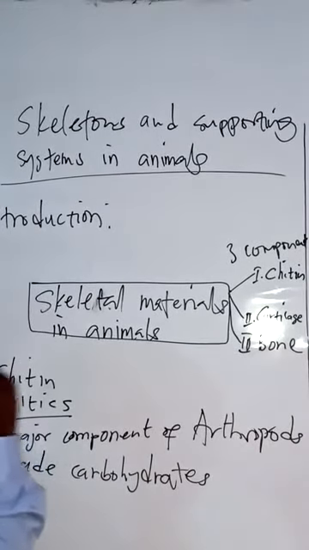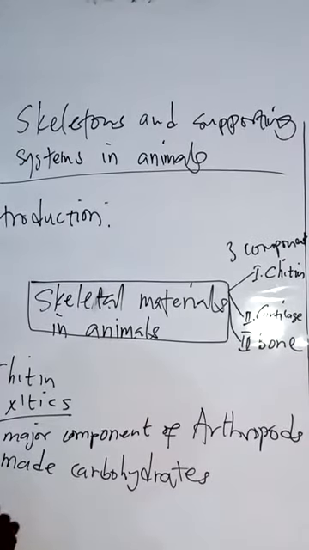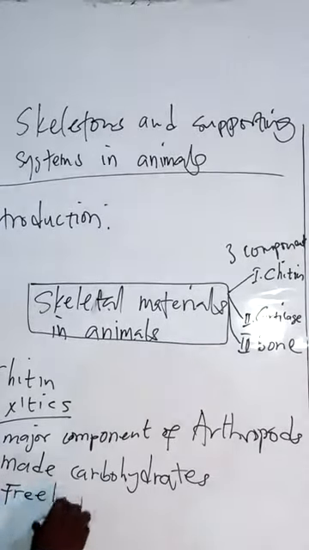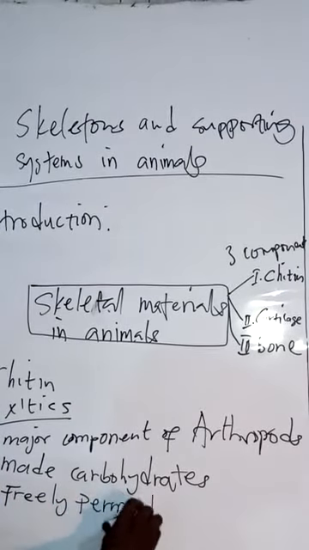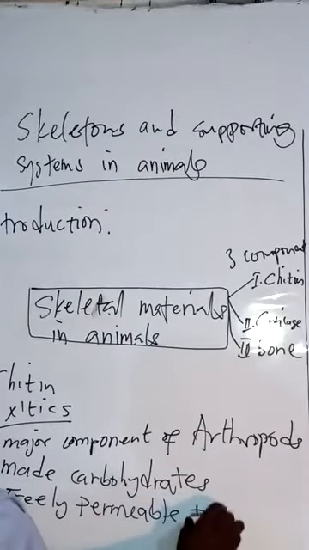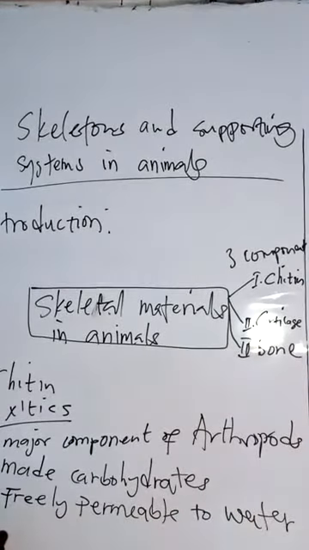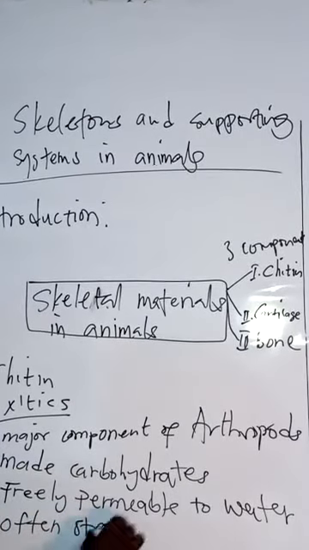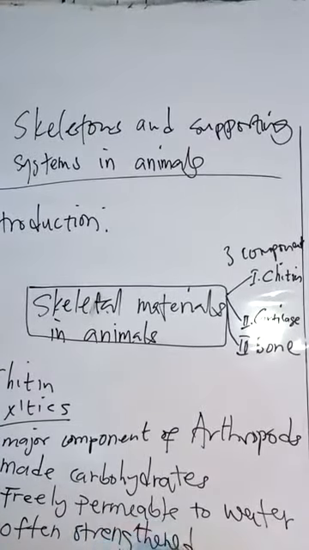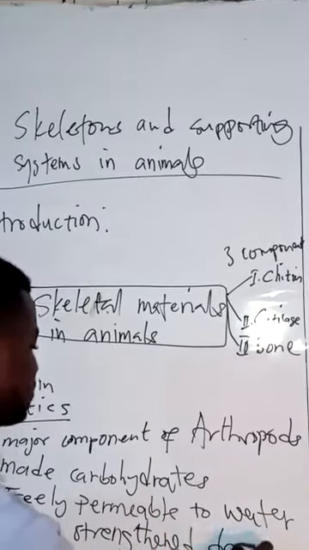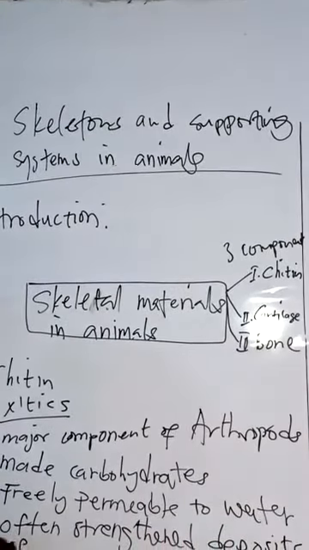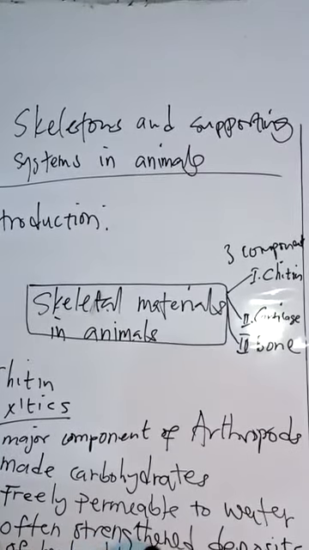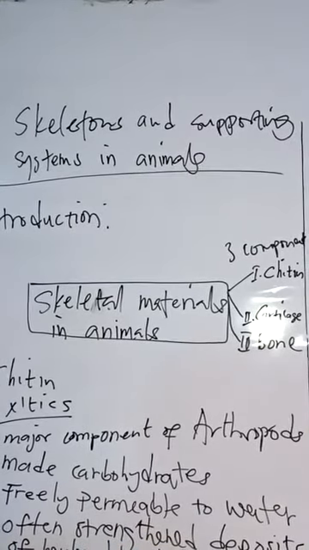If you remember your cell biology well, it is therefore safe to say that chitin is freely permeable to water. And lastly, it is often strengthened by deposits of hardened proteins and minerals. We're going to continue on the next page.